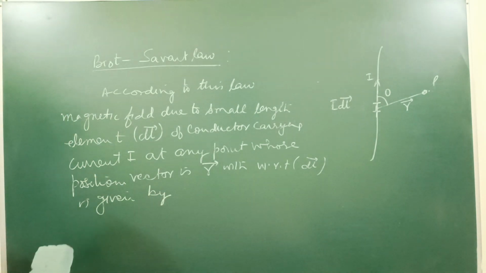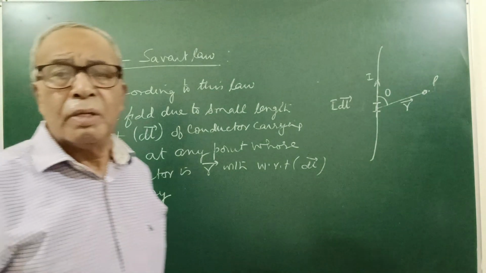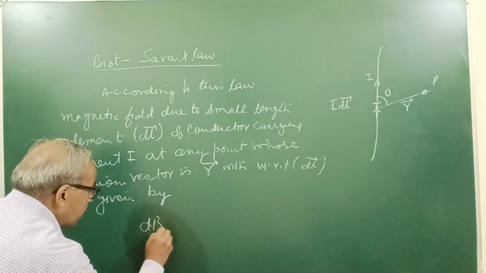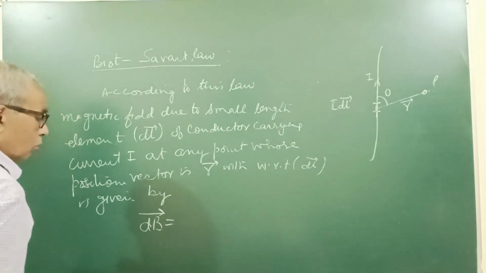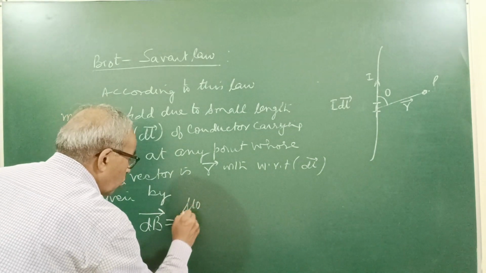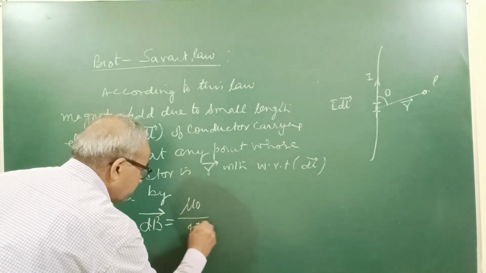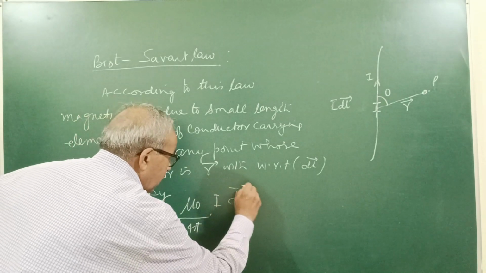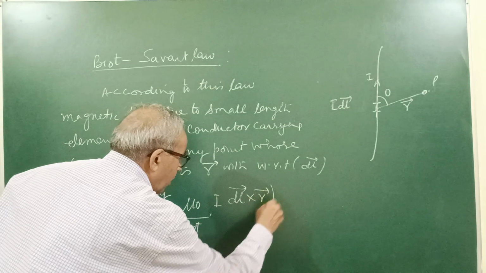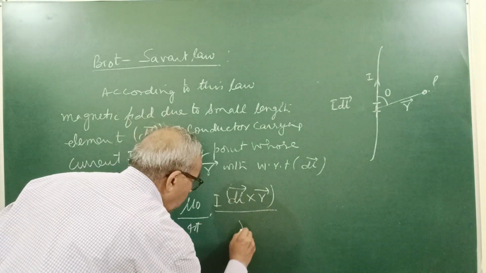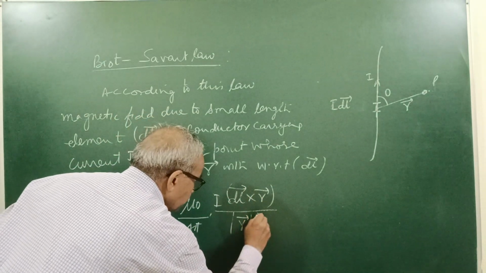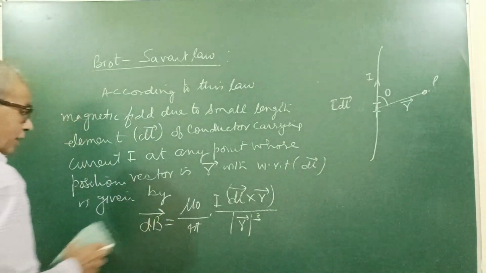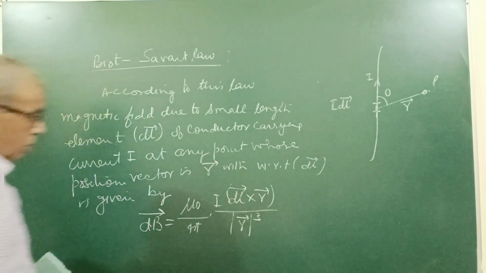I request you to learn it in the same manner. It is given by vector dB equal to mu 0 upon 4 pi into I vector dl cross vector r upon modulus r cube. Basically, this is the Biot-Savart law.